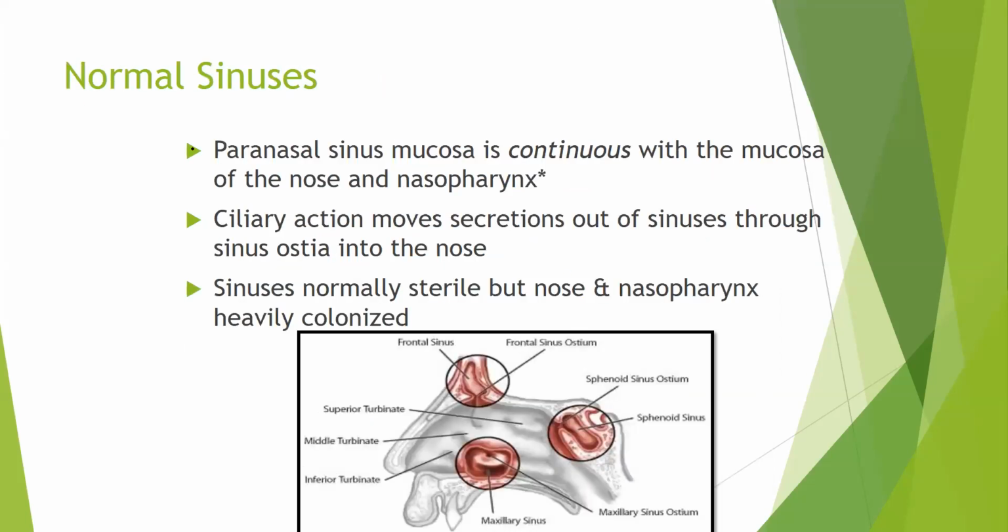Paranasal sinus mucosa is continuous throughout the nose and nasopharynx. Cilia move secretions through the sinuses and out of that space. Sinuses are normally sterile, but the nose and nasopharynx are heavily colonized with bacteria that protect against infection.